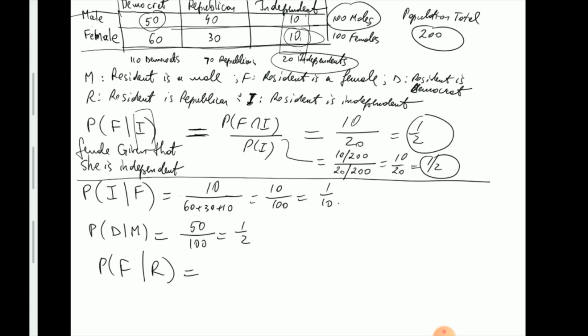Well, given that she is Republican, all of a sudden the total number of outcomes is 70, the total number of Republicans. And the number of females in that group is 30, so it's going to be 30/70, which is 3/7.